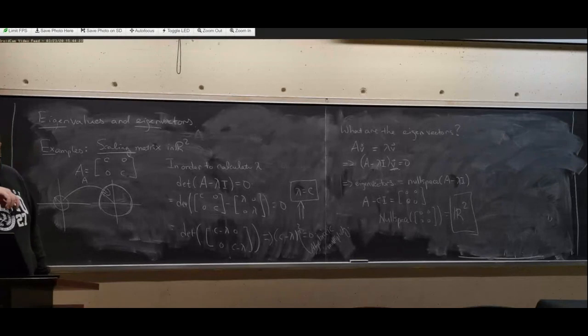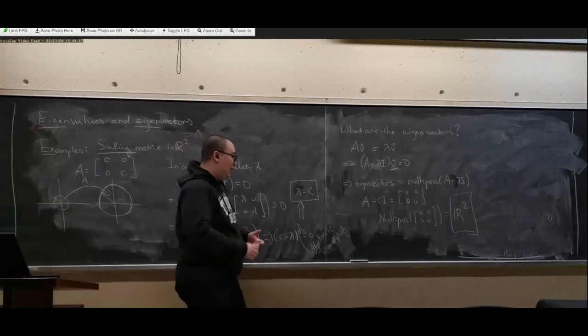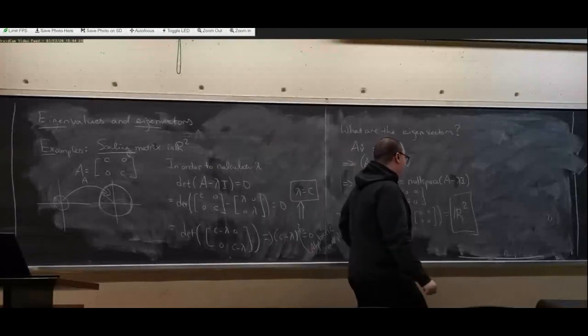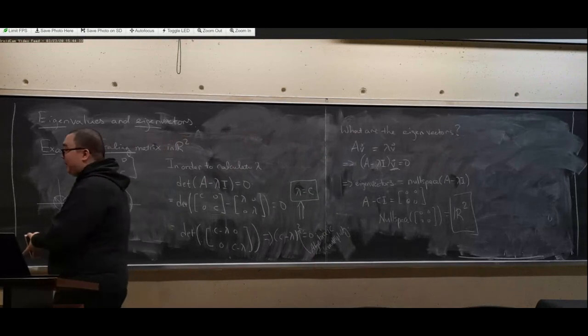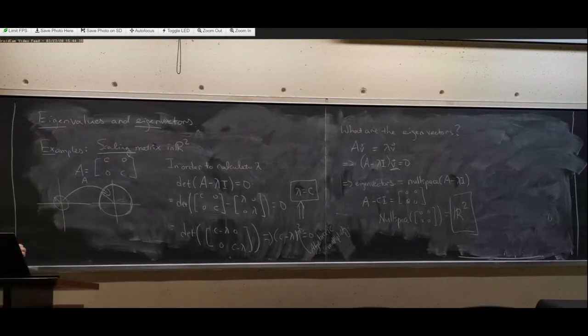Well, it's not necessarily that it doesn't make sense. It's just that in order to make sense of it, I have to talk a little bit about the torus, which I'd assume none of you would rather have me do. So this is a scaling matrix.